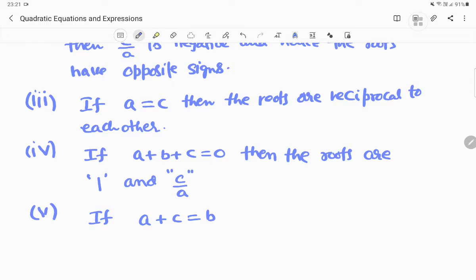So if A plus C is equal to B, then the roots are... Whenever a plus b plus c is equal to 0, roots are 1 comma c by a. Whenever a plus c is equal to b, the roots are -1 and minus c by a. That means both are negative, -1 and minus c by a.